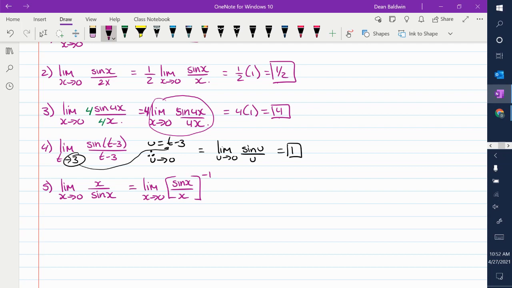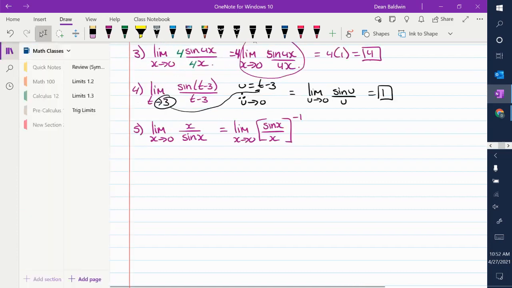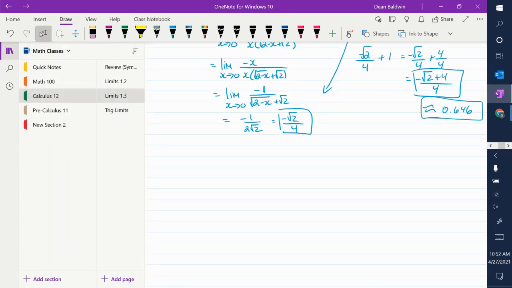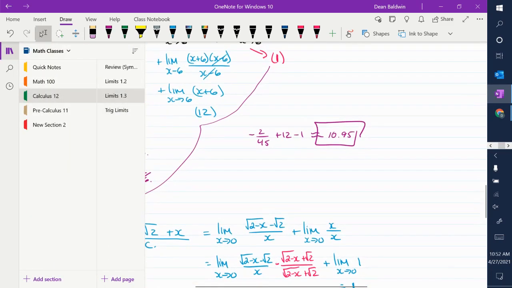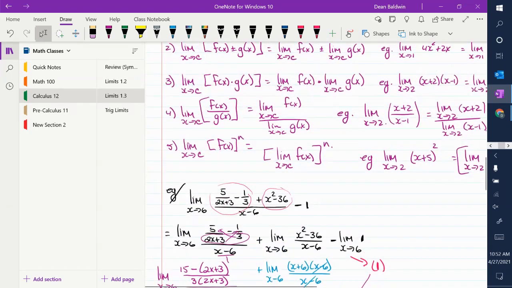What did I say about if you have a power in the properties? Oh, it's on another page. To the bottom here. Right here, this bottom one. If you have a function to an exponent, I can do the limit of the inside function and raise my answer to that exponent.